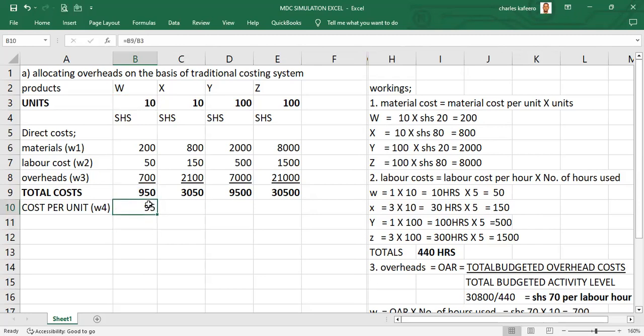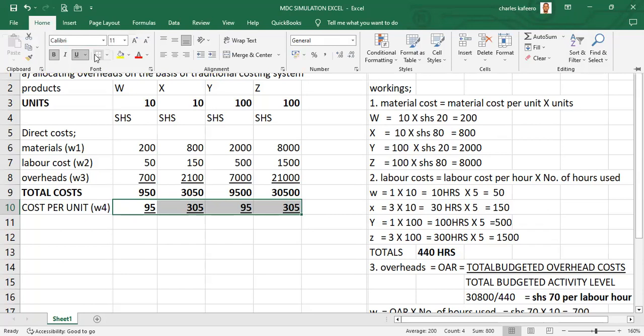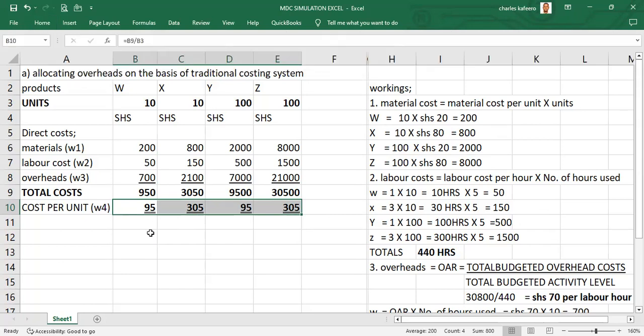When you do that, we get 95 shillings. And that will be what they wanted us to do. We can maybe double underline this to show that that's where we are ending.